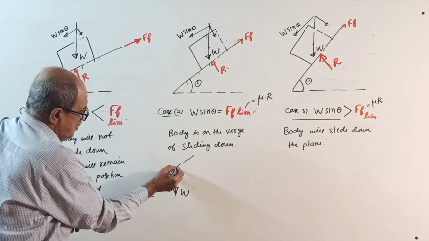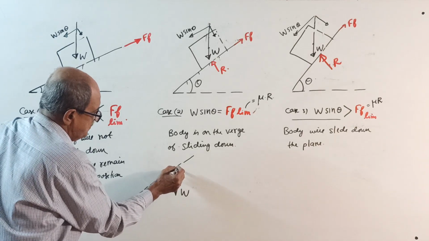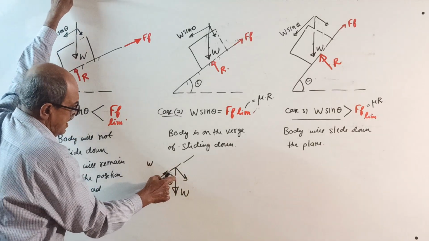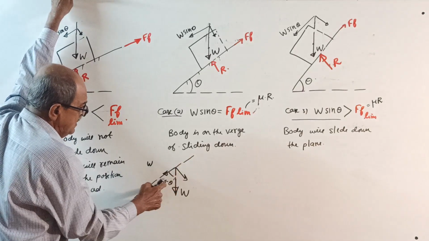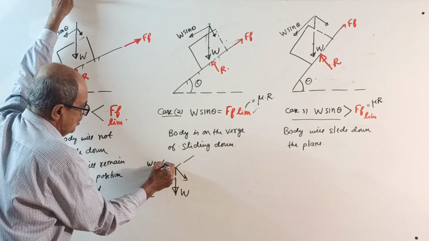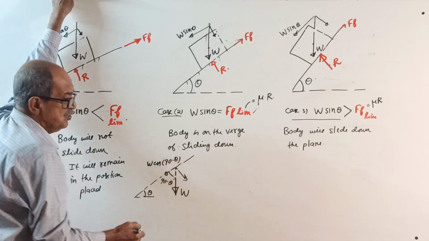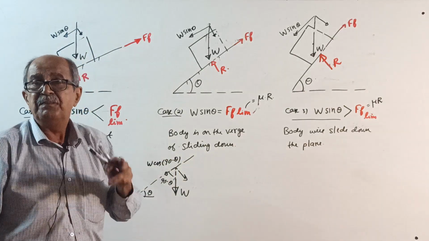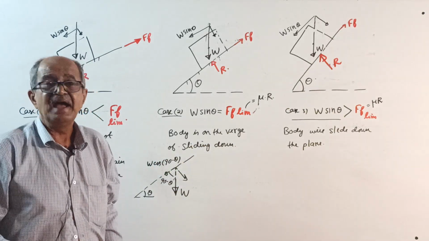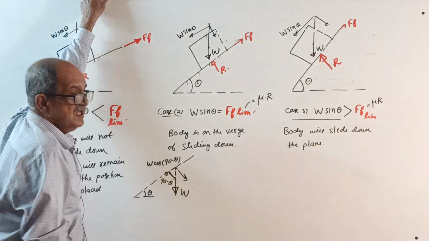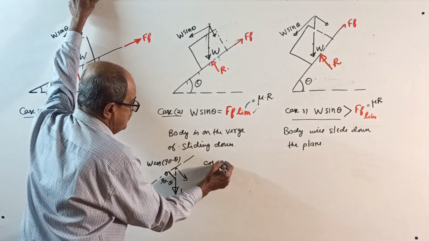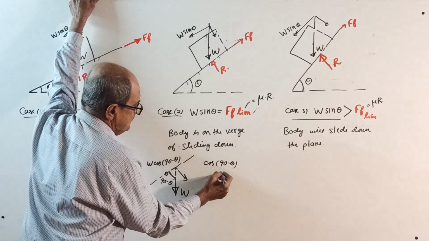Now, the component along the plane is W into cos of 90 minus theta, because the component of a force along the axis with which you measure the angle is force into cos of that angle. But you know that cos of 90 minus theta is sin theta.